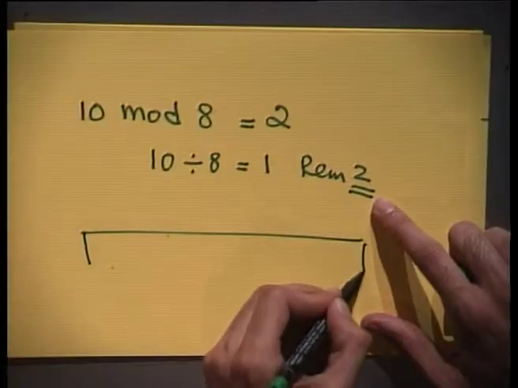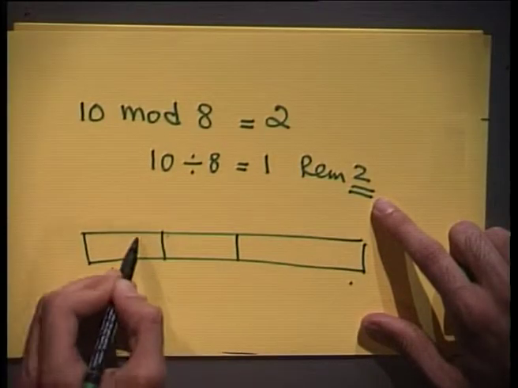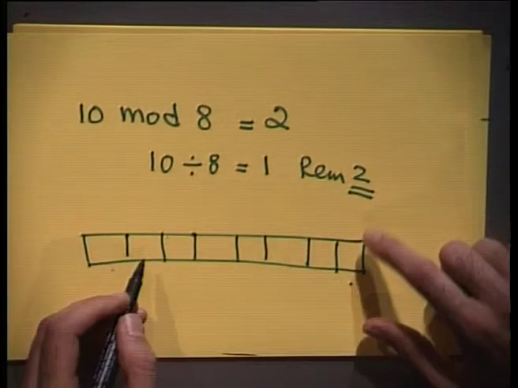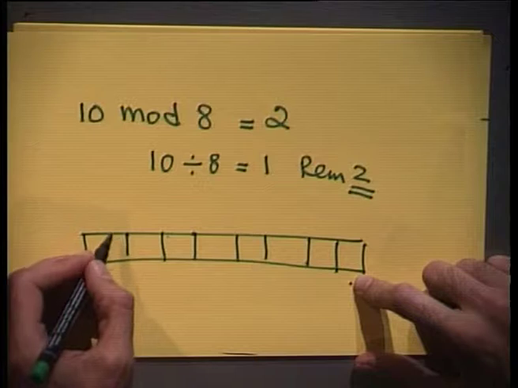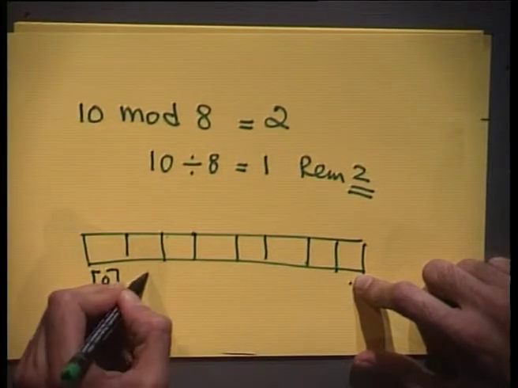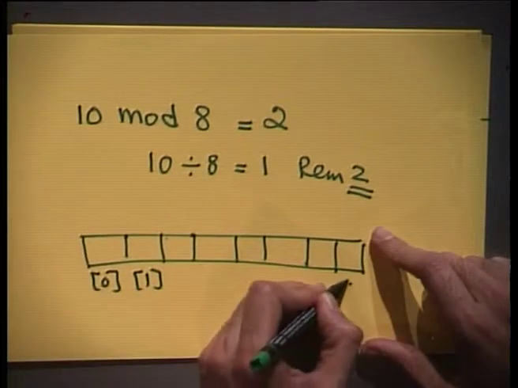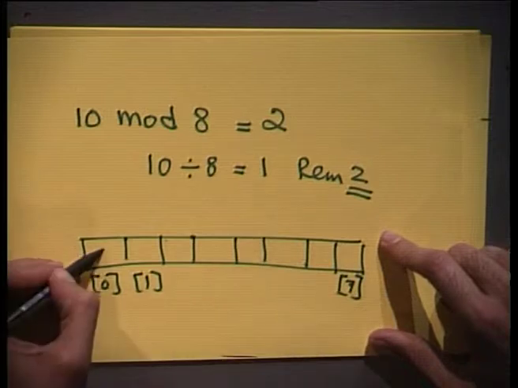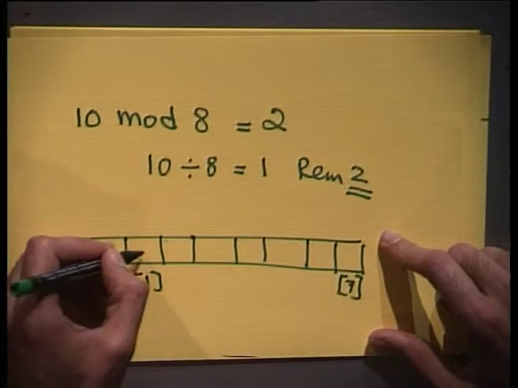And let's do that here. Here's my array, 8 positions. This is position number 0, and I want to go to number 10, okay? And this is 1 up to 7, right? And after 7 comes 0 again. And then after 0 comes 1 again.